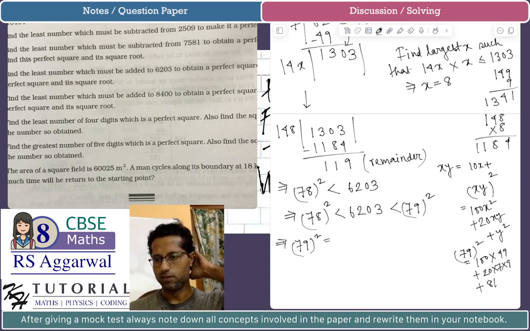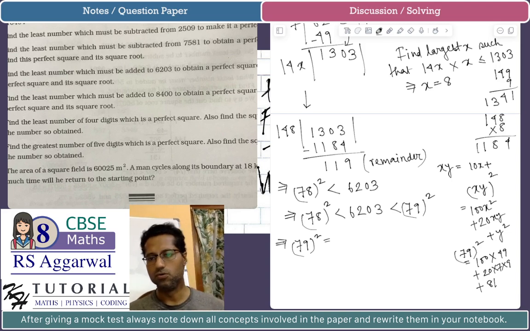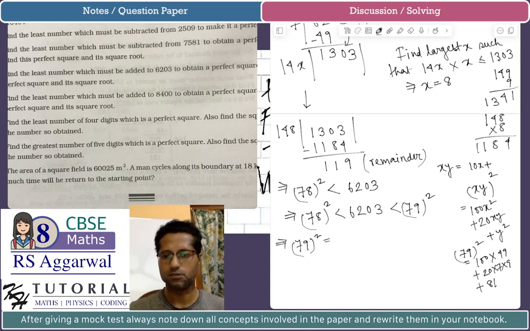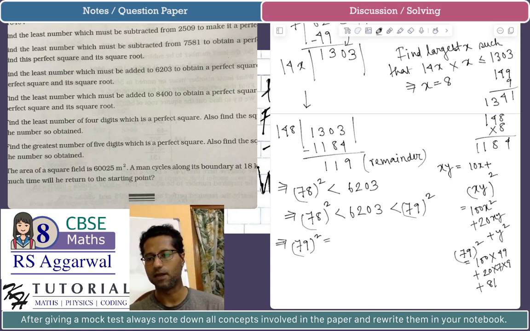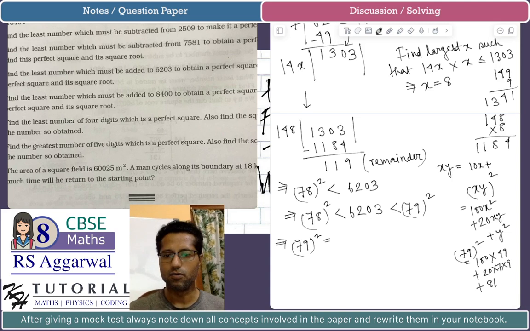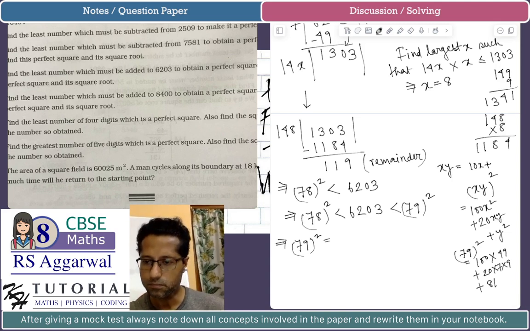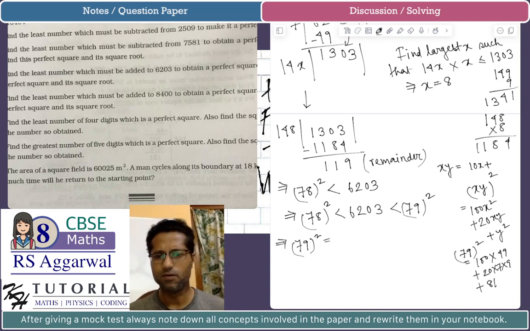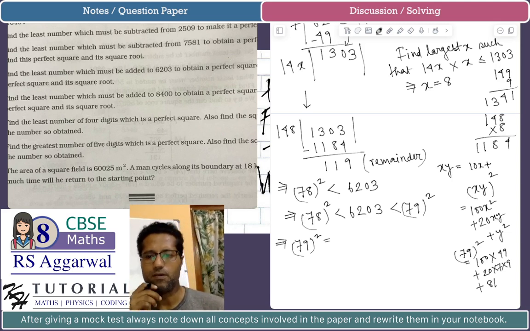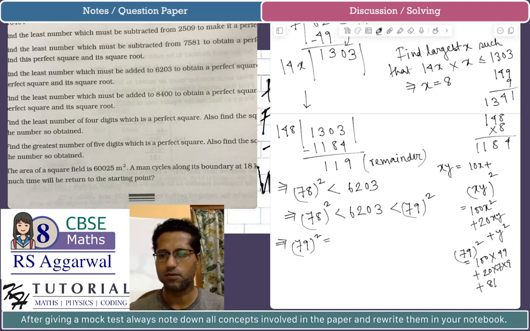I don't know whether this will be faster or not. You consider that yourself, whether it is faster to multiply 79 with itself or to follow shortcut methods. I think for a two-digit number you can directly do the product, because the shortcut methods don't really make the calculation faster.